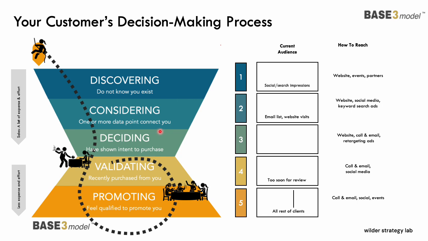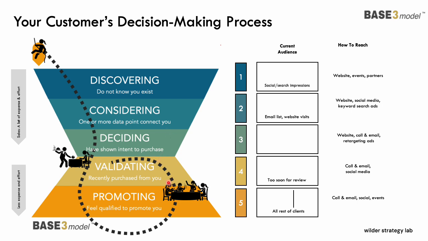The decision level are customers who are very close to making a decision, and they perform some action that you have decided shows intent to purchase. It could be something like visiting a product page or making an appointment to meet with you, but they have not yet purchased from you.